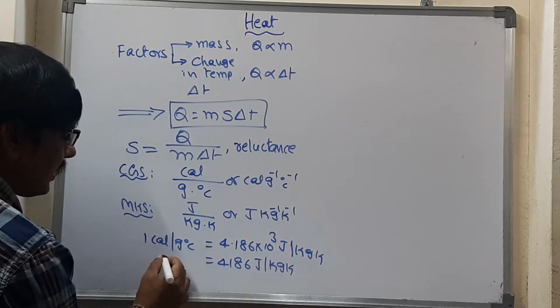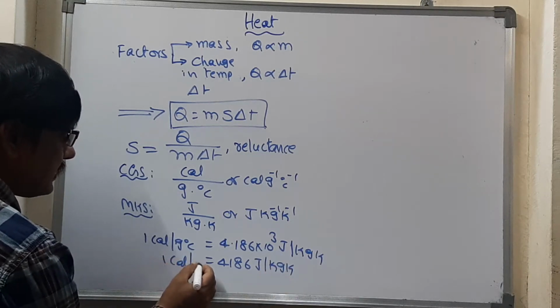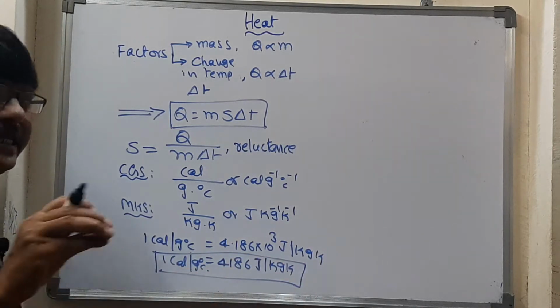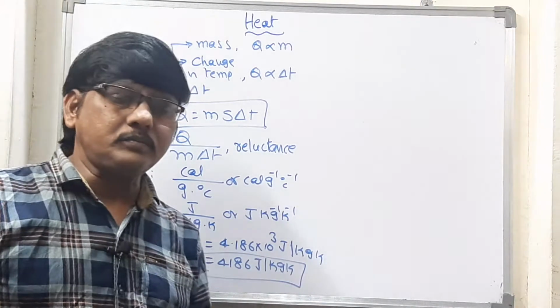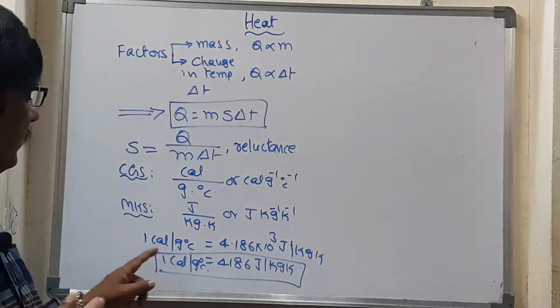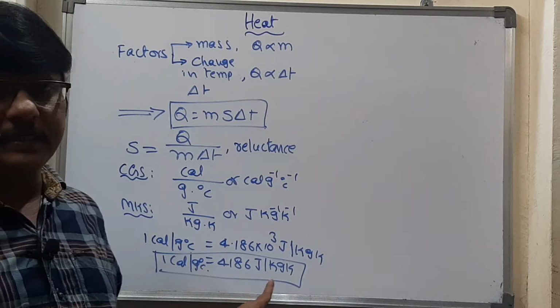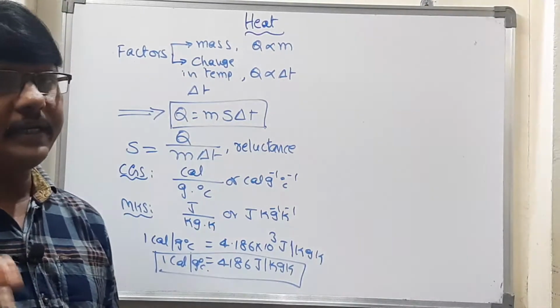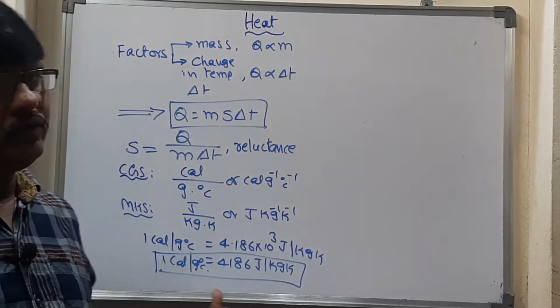You have to keep this value in mind, because in nature, water has the highest specific heat. How much is that value? In the CGS system it is 1 calorie per gram degree Celsius. In the MKS system it is 4186 joule per kilogram Kelvin. So you have to keep this value in mind.